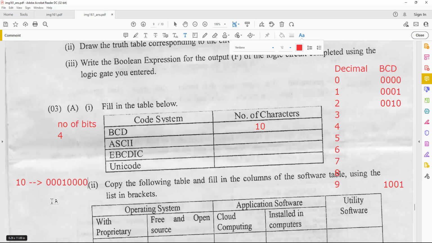Okay, so ASCII. In ASCII, how many bits are we using? Yes, we are using 7 bits, which means how many characters can we represent? That means 2 to the power 7. How much is 2 to the power 7?